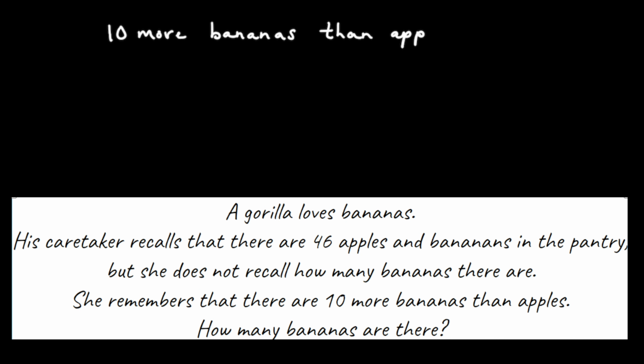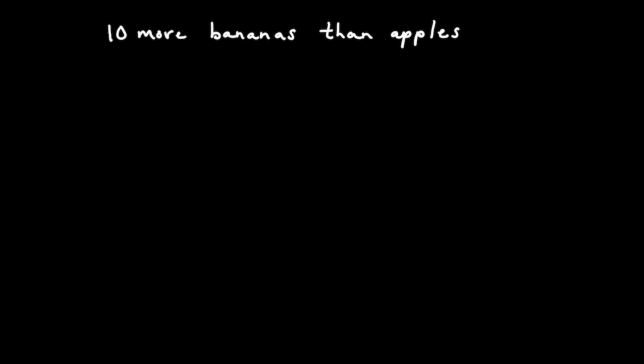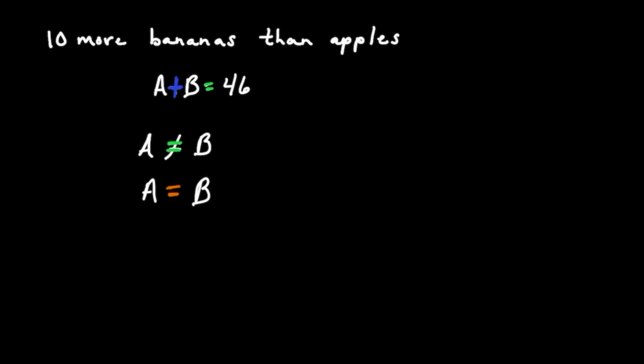Okay, so we know that there are 10 more bananas than there are apples. And the total number of apples and bananas together is 46. And we know that there's not an equal number of apples and bananas, technically, but we are going to show them as kind of equal to each other just to get a good glimpse of what's going on.